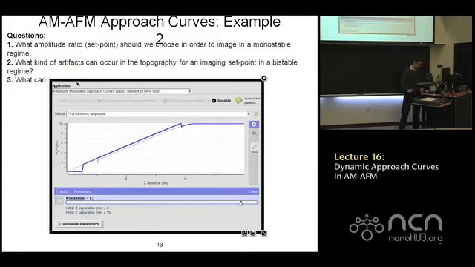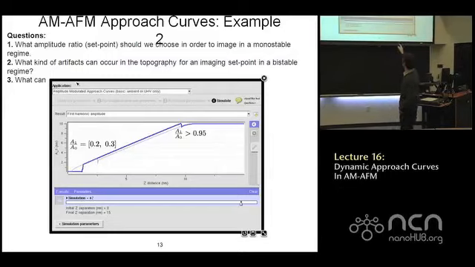What amplitude ratio should we pick if we want to be in a monostable regime? If you go to the amplitude plotted versus z distance, you'll notice that these two curves are on top of each other in small sections. First of all, for an amplitude ratio approximately in the interval 0.2 to 0.3, we're in a monostable regime where the two curves are on top of each other.